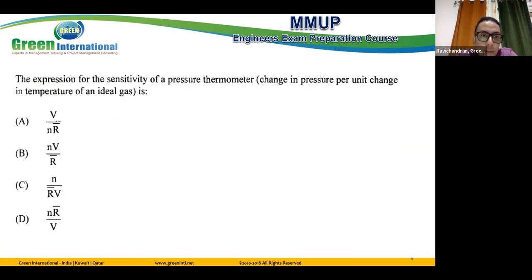The expression for sensitivity of a pressure thermometer, change in pressure per unit change in temperature of an ideal gas, equals. Just check the definition of this sensitivity. If we check this one, we can select the right answer easily.